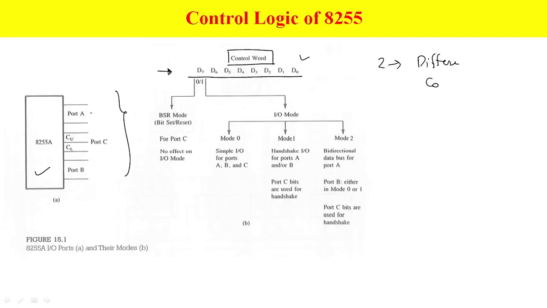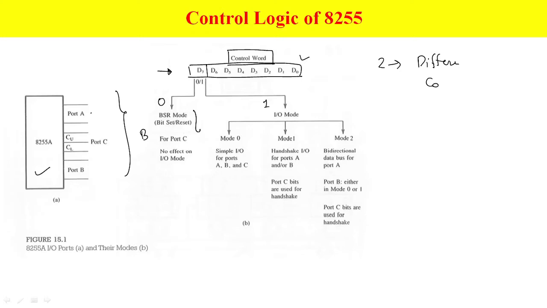The last bit, the D7 bit: if it is 1, it means you are selecting the I/O mode, and if it is 0, you are selecting the BSR mode. BSR mode is bit set reset mode.